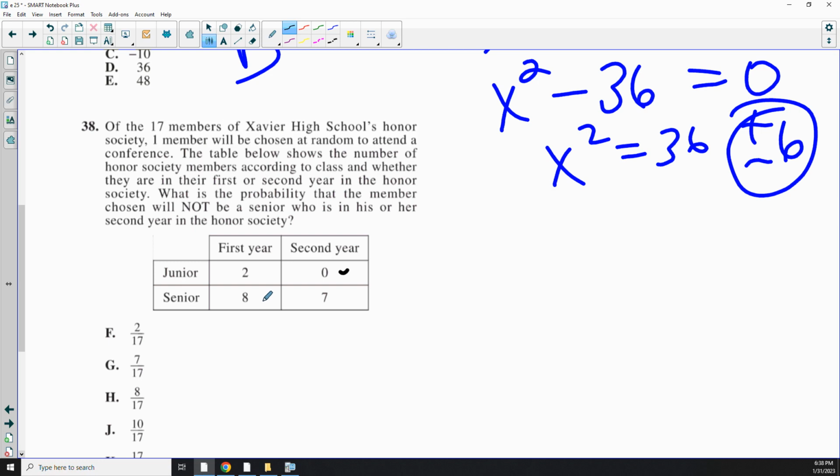What is the probability that the member chosen of the 17, so the denominator's 17, will not be a senior who is in his or her second year?